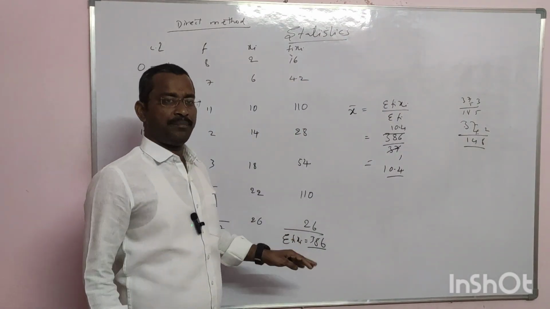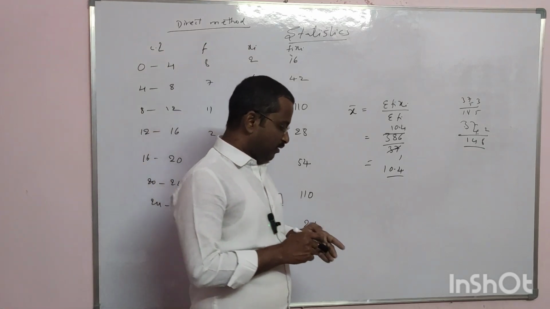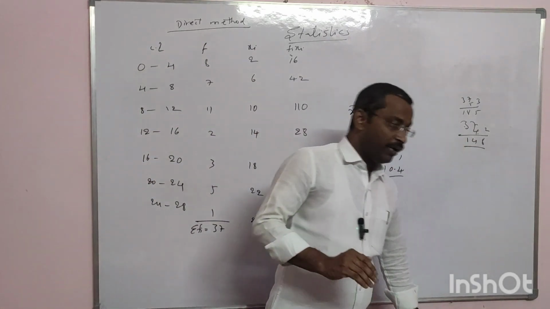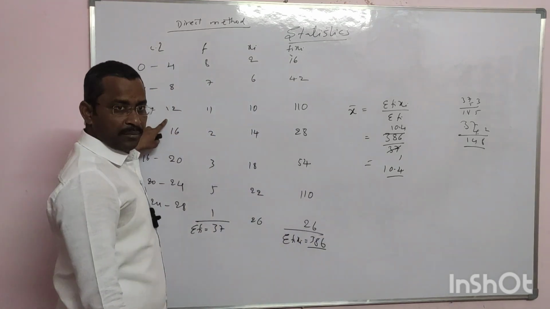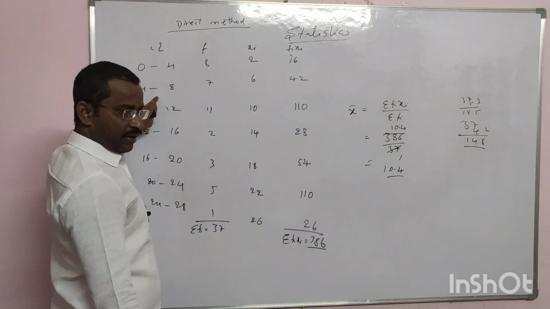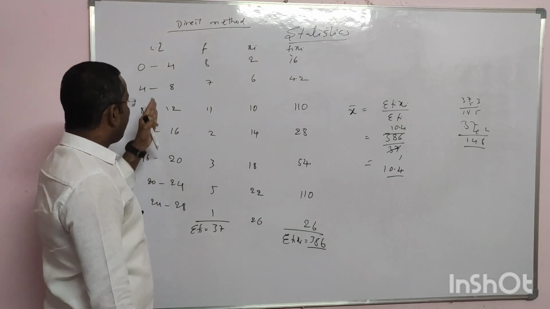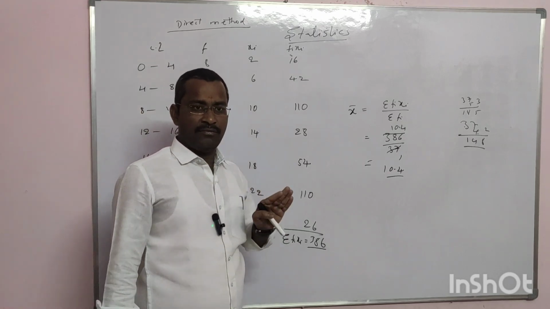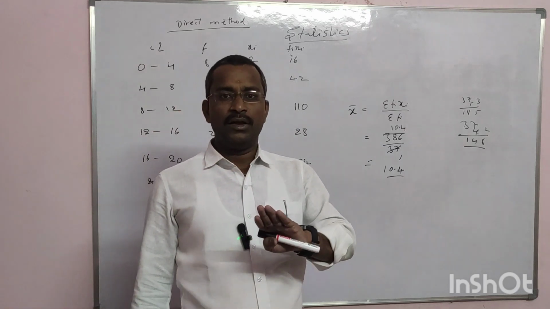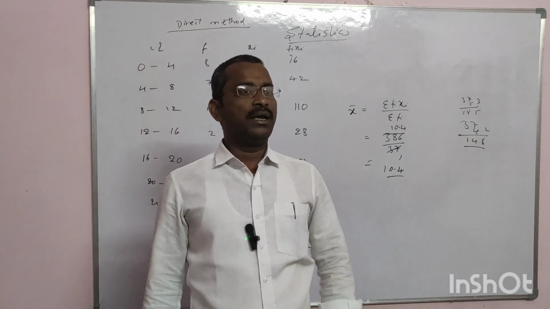This is the direct method. Among the methods, the direct method is a little complicated, but when to use it? If the class differences are not the same, like here 4, here 10, here 20, here 30, not fixed, then use the direct method. If class differences are fixed, use the deviation method or step deviation method.